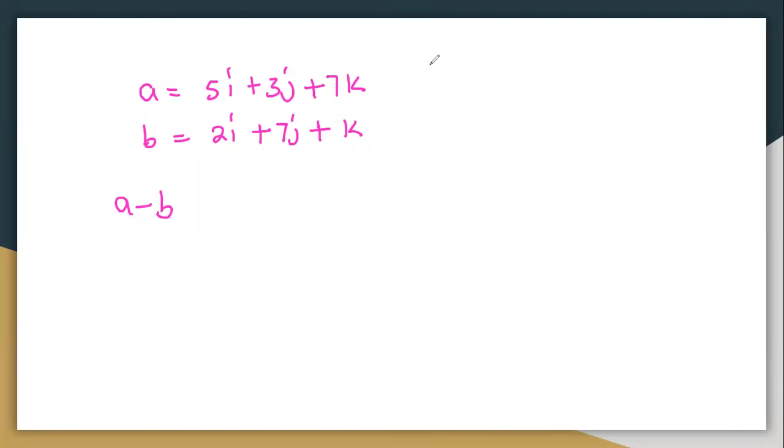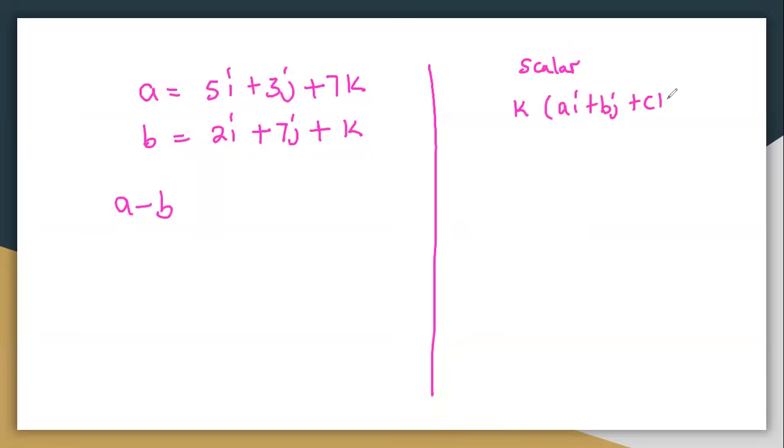Okay, then the last one is what we call scalar multiplication. A scalar is just any number that can magnify, that can change the direction of any particular vector. So a scalar is that number that multiplies a vector. Take an example. In case I have a vector ai plus bj plus ck.